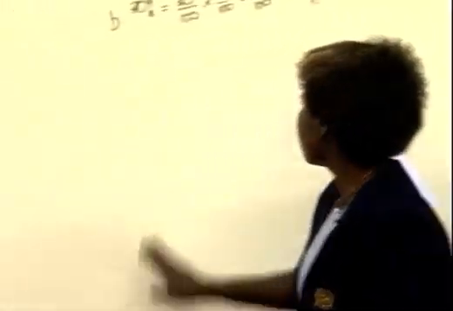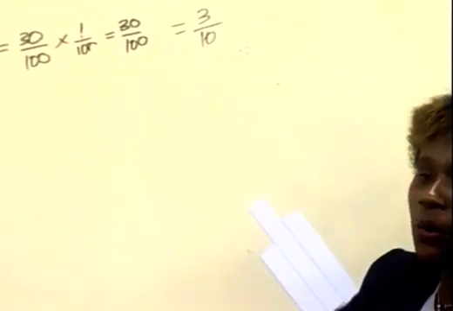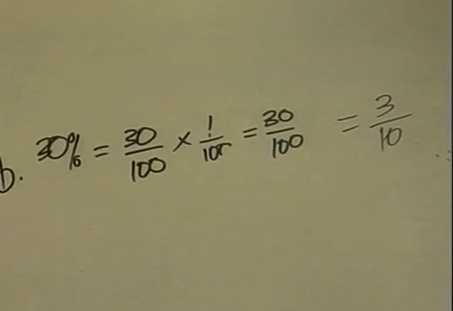Michael, can you explain to us why did you multiply this again by 1 over 100? Maybe you have a reason for that. Because percentage is always over 100. Class, do we agree that percentage is always over 100?